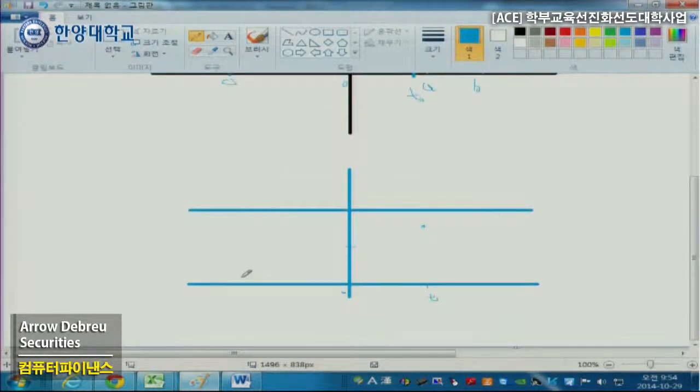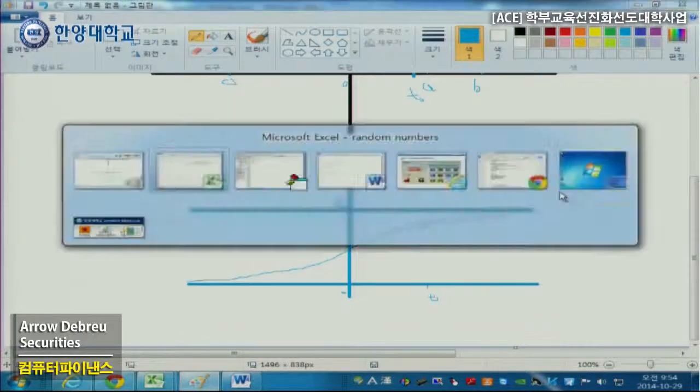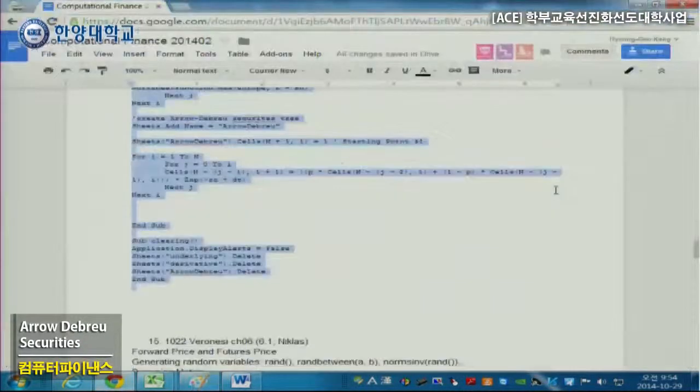If we connect these points, it would look something like this, and this is 0 and this is 1.